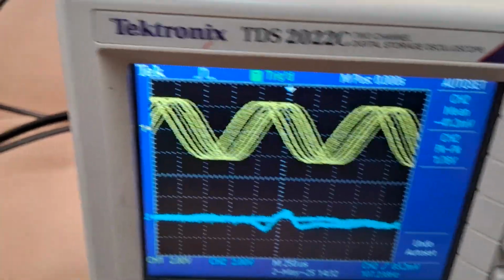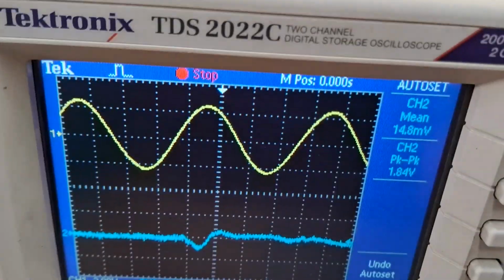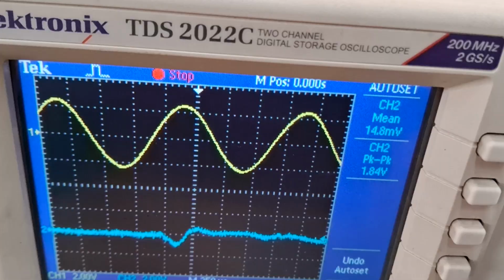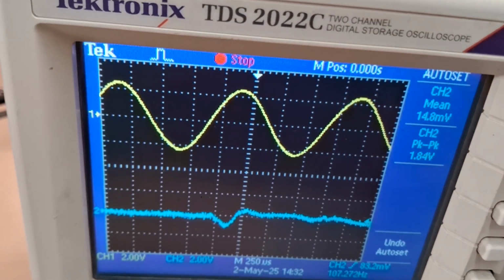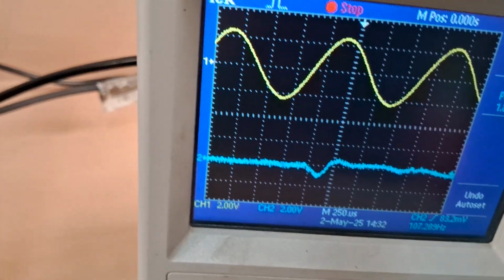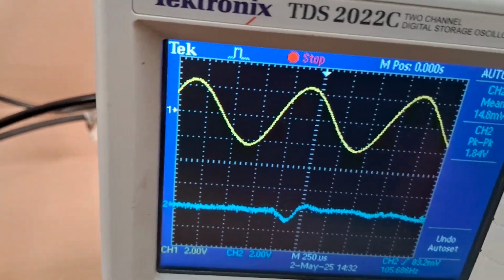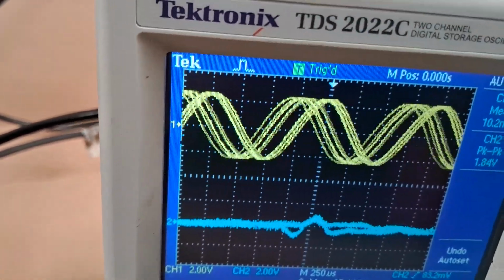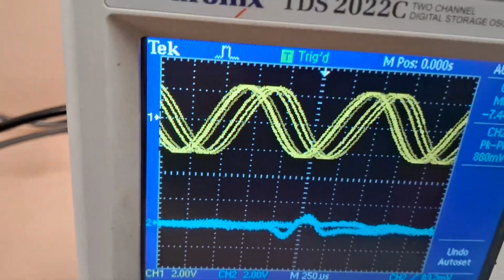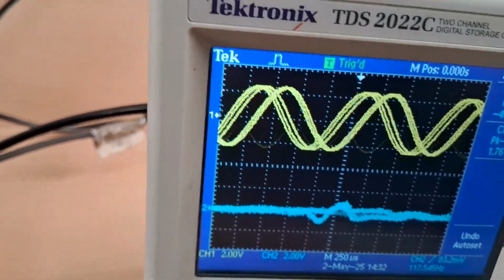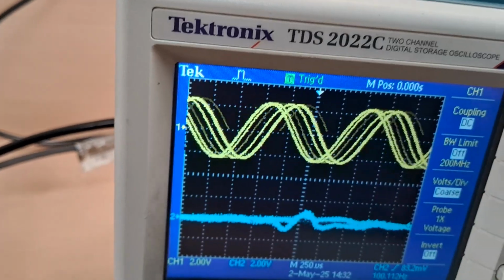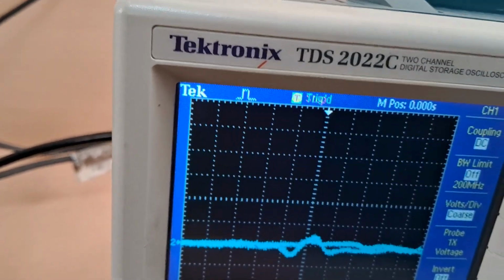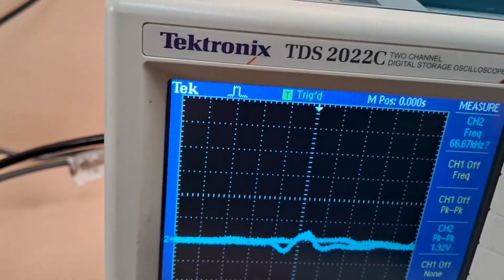Yes, it is generating the analog signal. This is your analog. We can measure the frequency and peak to peak value. The peak to peak is 1.8 volt. To measure the frequency, I select channel 1, measure, channel 1.